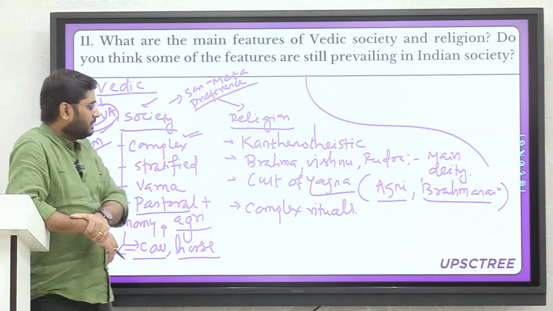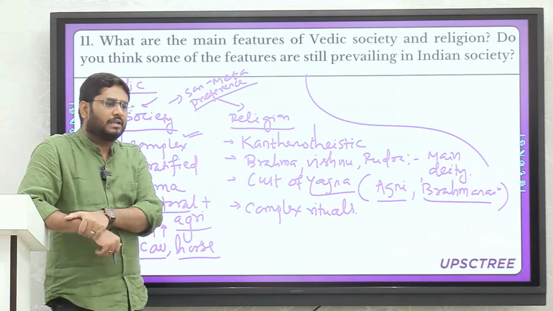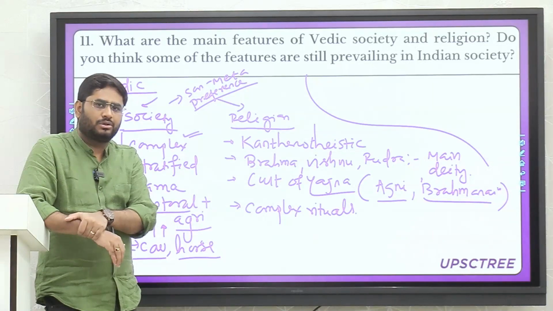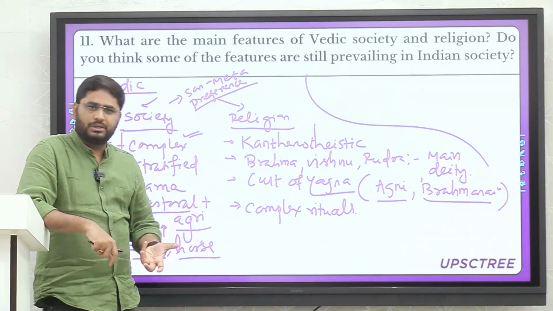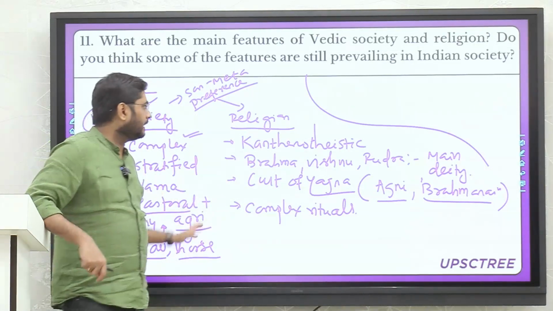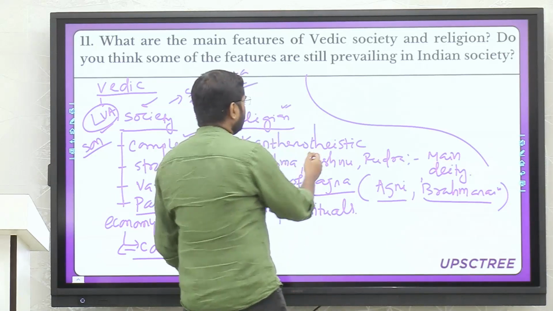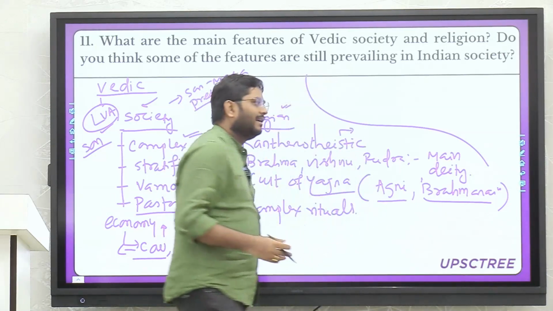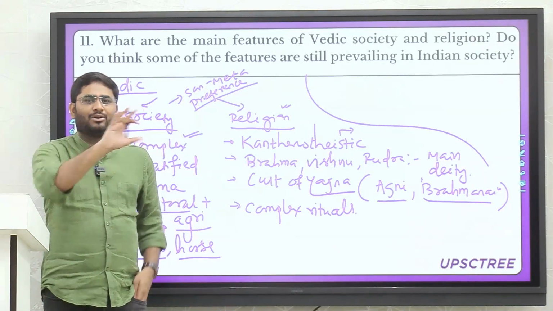Pastoral and agricultural: 40% of Indians are still farmers. So that means that is still continuing. The way we used to do agriculture, we are still doing. Some livestock we used to keep, and now also we are going for agriculture. That is still continuing. If you look at religion, kathenotheistic means it's like a portfolio system we have allocated to God and Goddess.